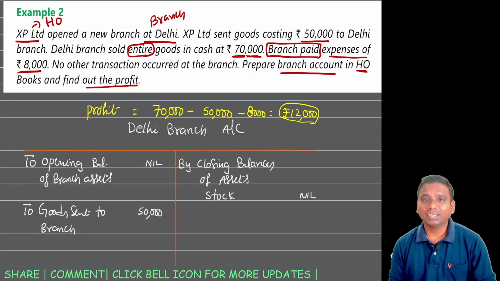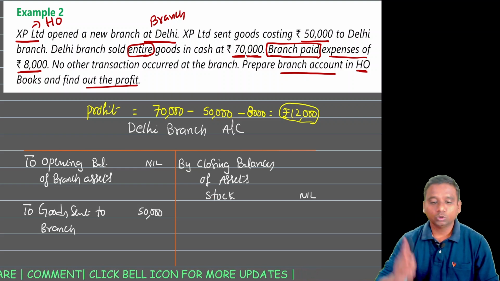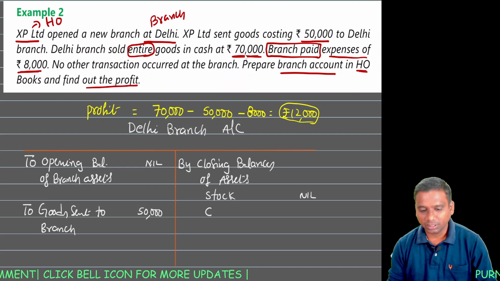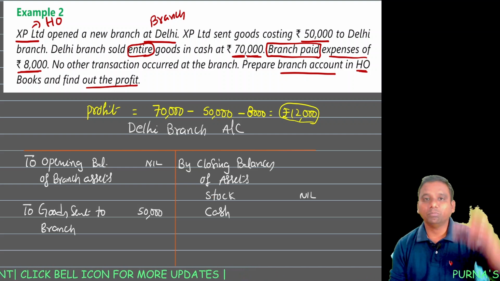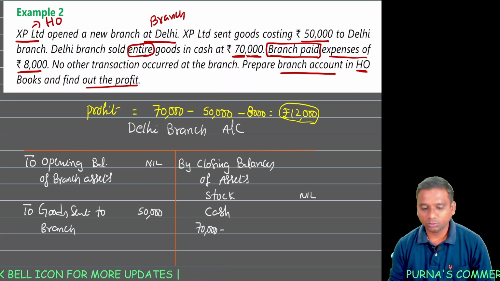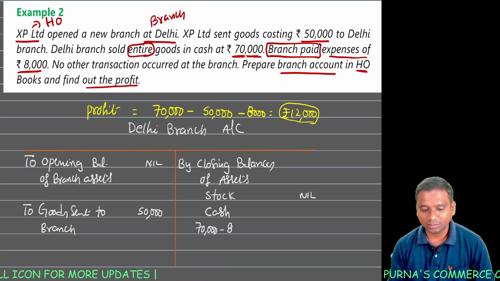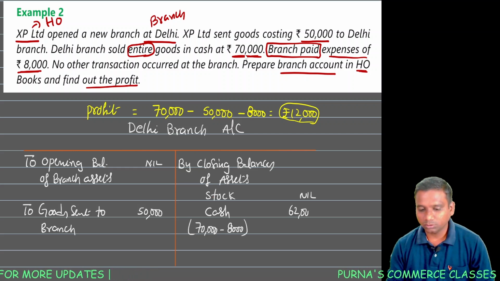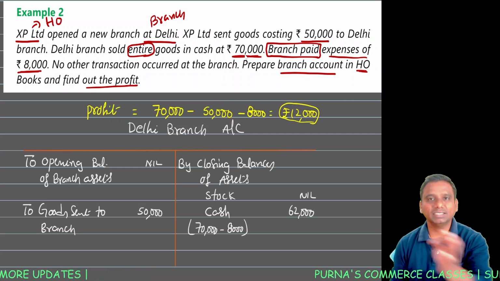Now, do you have debtors? No, because the goods are sold for cash, not for credit. That means the branch is having cash. How much? 70,000 sold minus 8,000 paid expenses. So what is the remaining amount with the branch?